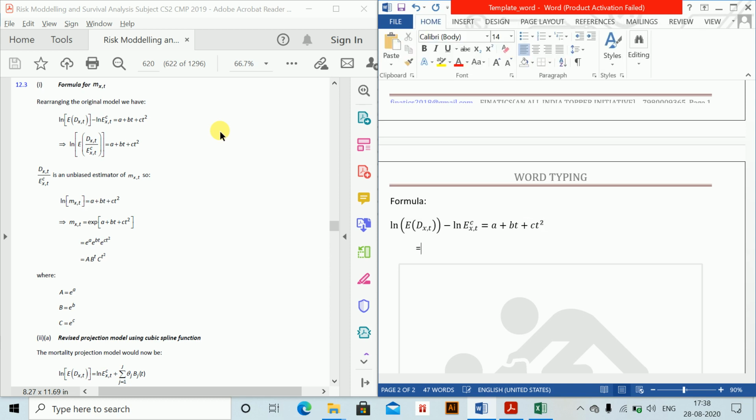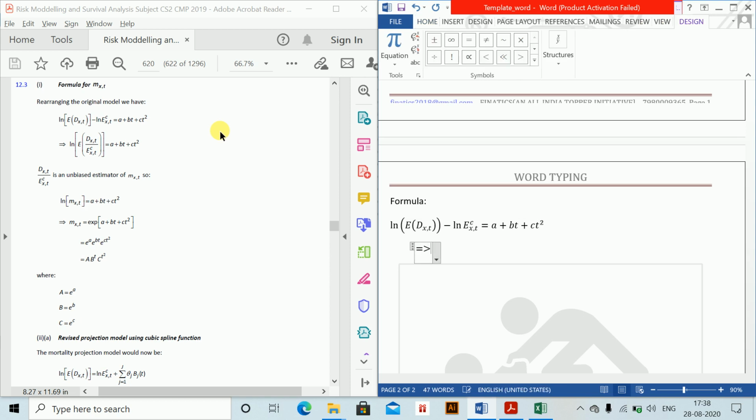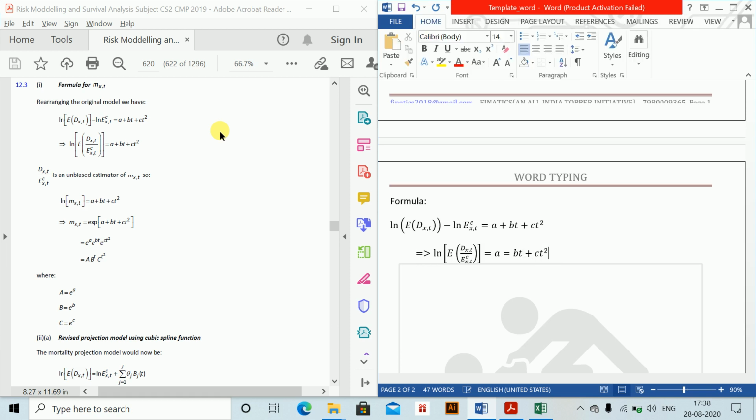This implies ln of E d(x,t) divided by e to the power c(x,t) is equal to a plus bt plus ct squared.